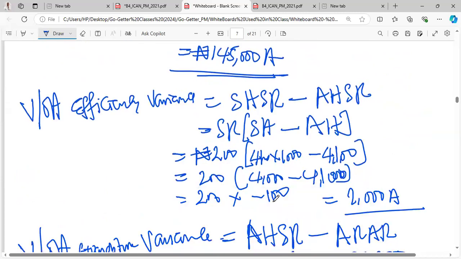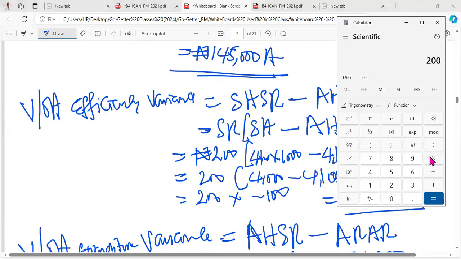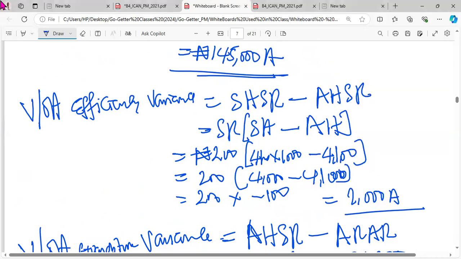I've made a mistake somewhere. This is not 2,000, this should be 20,000. Let's do it again. 200 times 100 is 20,000, and I put 2,000. That's where the problem is. Let's correct this. This is 20,000.